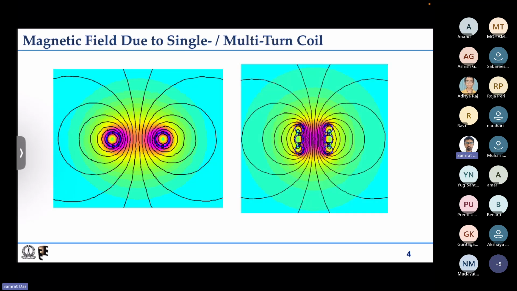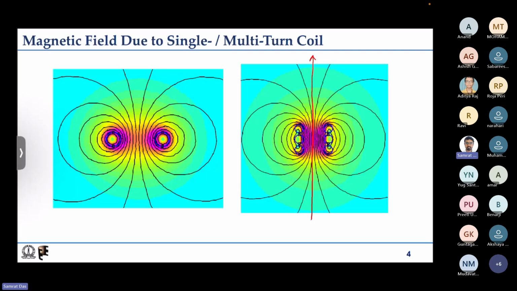As we have more and more turns, we tend to increase the strength of the magnetic field at the axis. We also understood the axis of a magnetic field: it's the imaginary line at the middle that is not crossed by any of the flux lines.